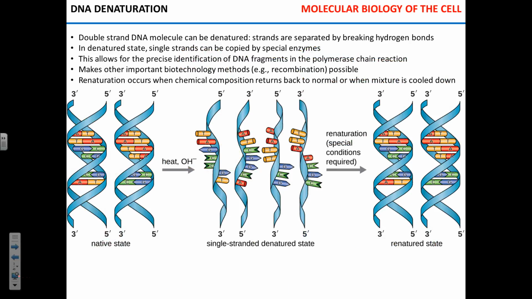Since we talked about those bonds in the DNA, the process when two strands of the DNA get separated is called denaturation. As we just discussed, you can heat it up, right? You can heat up the DNA molecule and the strands get separated. When they are separated, the bases become exposed.